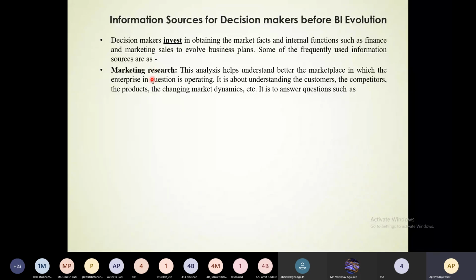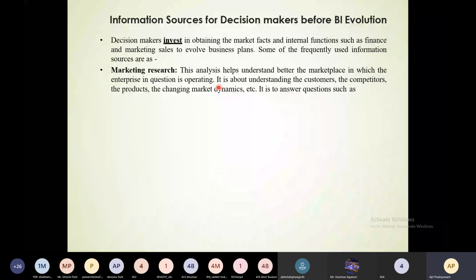This is one of the sources for decision makers before BI evolution. Still it is used. This analysis helps understand better the marketplace in which the enterprise in question is operating. It is about understanding the customers, the competitors, the product, changing market dynamics, etc.